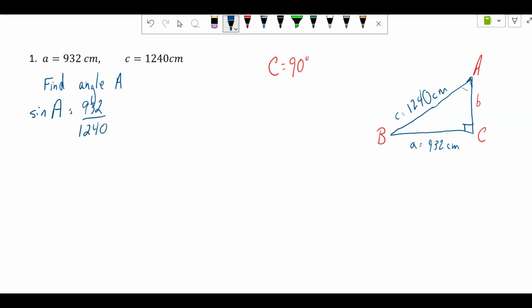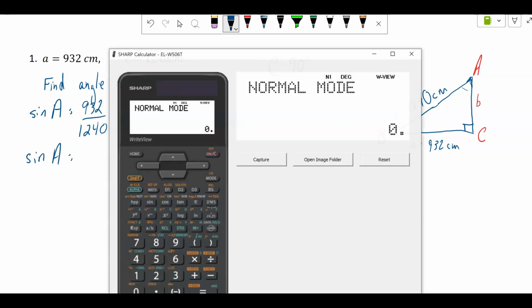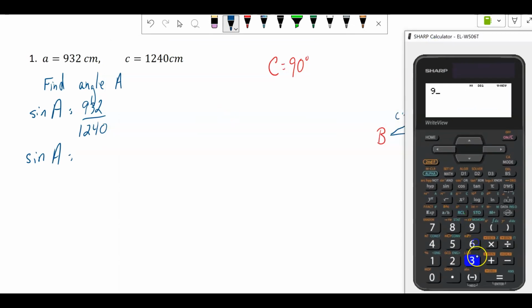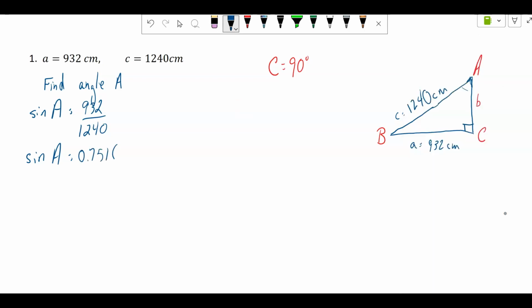That's a number. Let's figure out what that number is. I will still write sine A equals... let's get my calculator out. It's 932 divided by 1240. Change that to a decimal, and we've got 0.7516. I'm just going to write that down. Now, we talked about how to solve this in class.